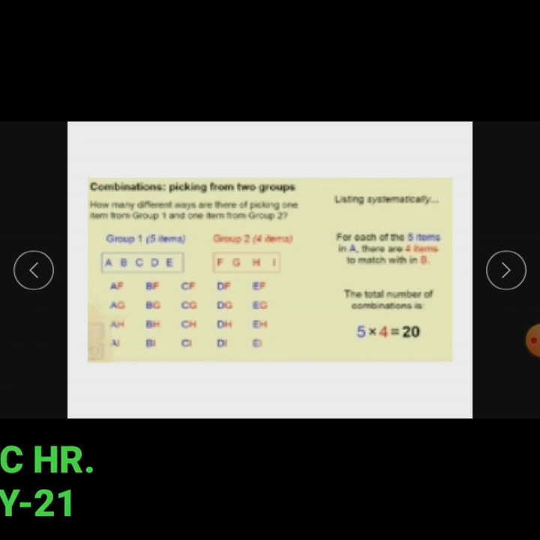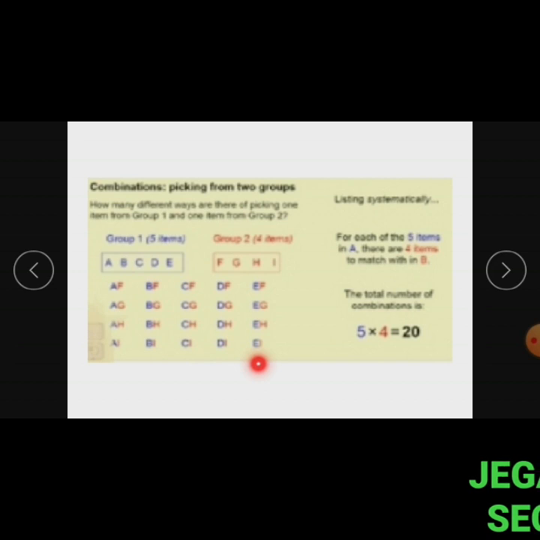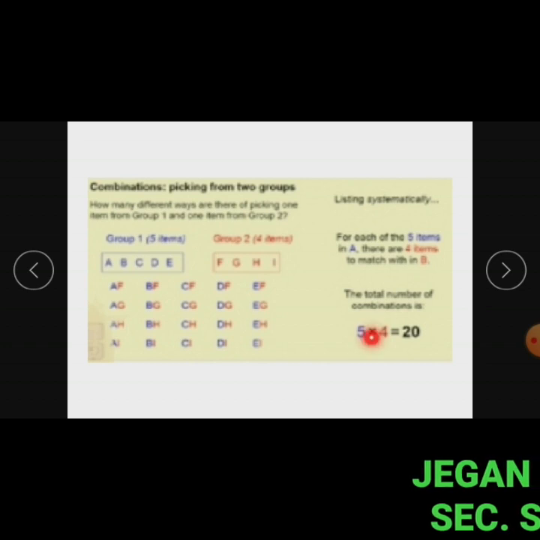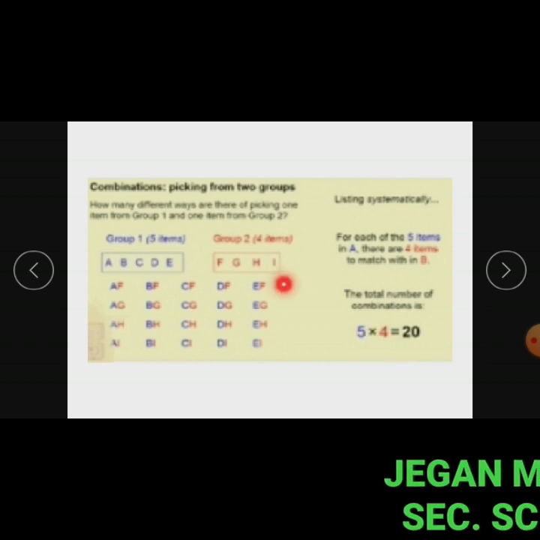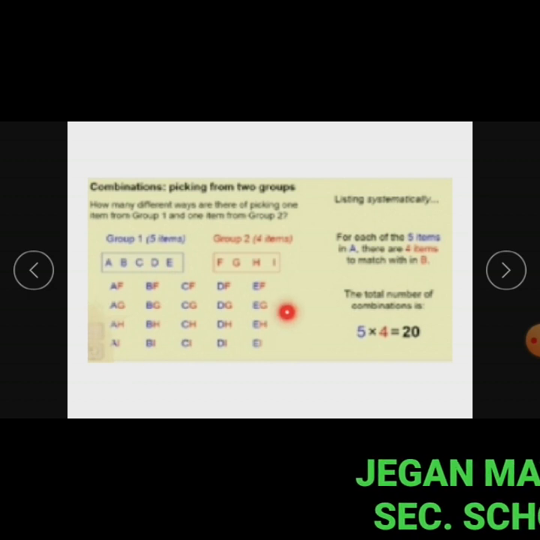The combinations are AF, AG, AH, AI, BF, BG, BH, BI, CF, CG, CH, CI, DF, DG, DH, DI, EF, EG, EH and EI. The total number of combinations is 5 times 4, equal to 20. We get 20 combinations.